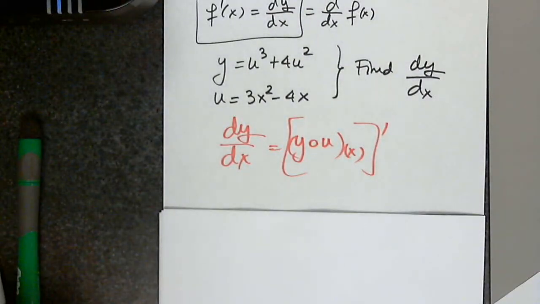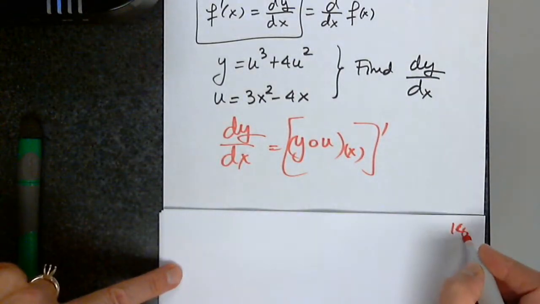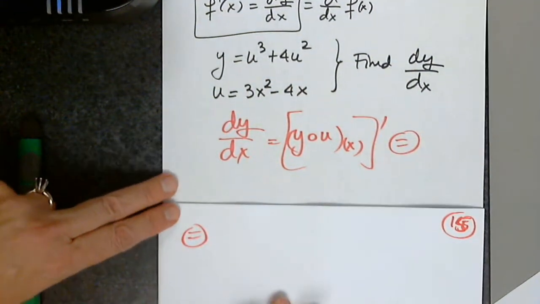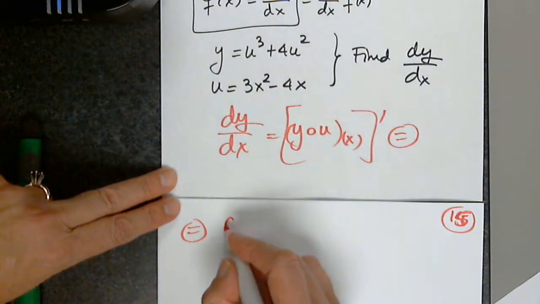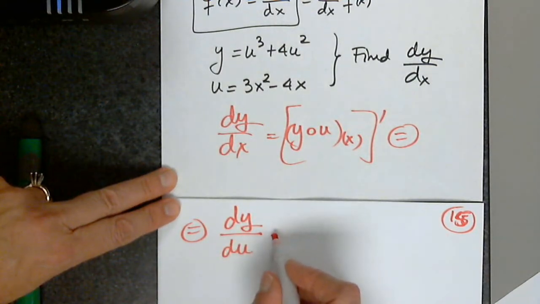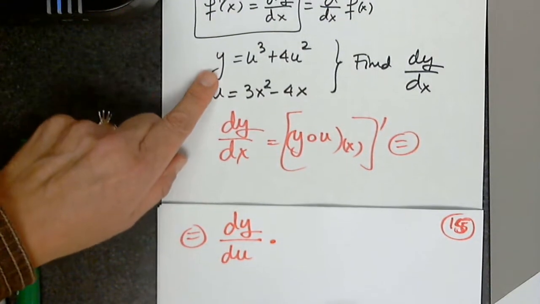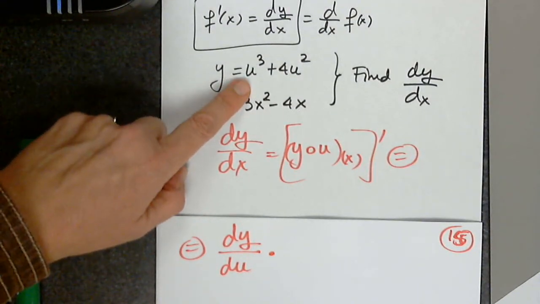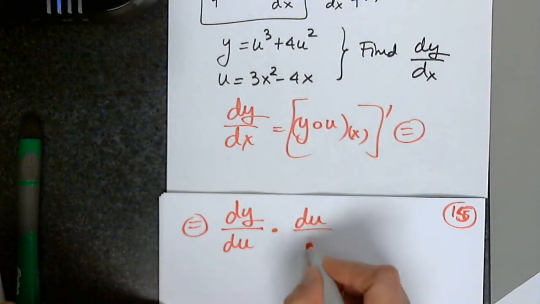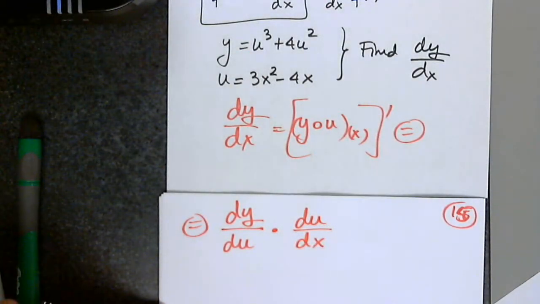So I can write this in the following way: dy with respect to u. I differentiate the outer function with respect to u, but then I have to multiply by du differentiated with respect to x.